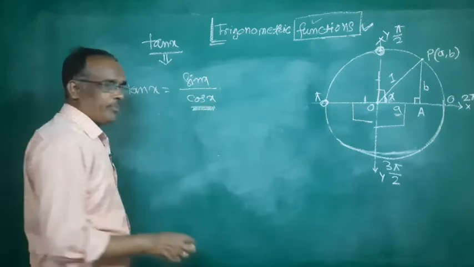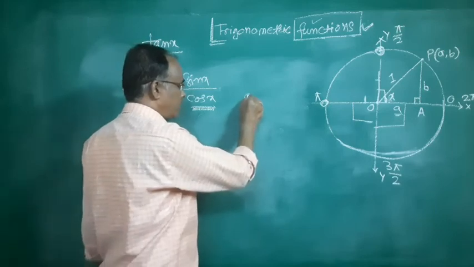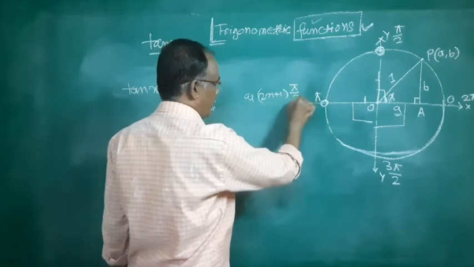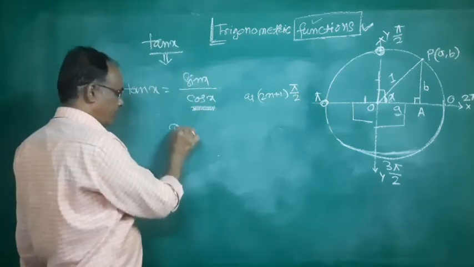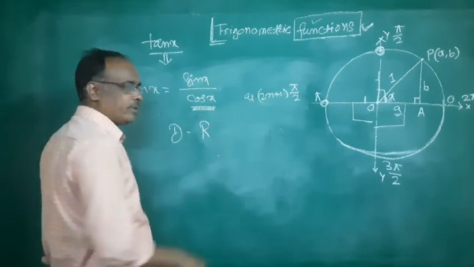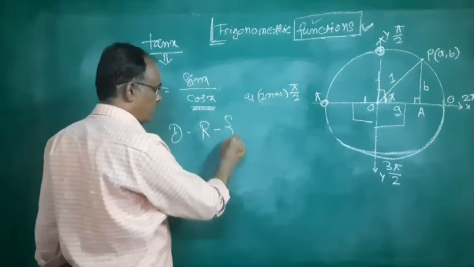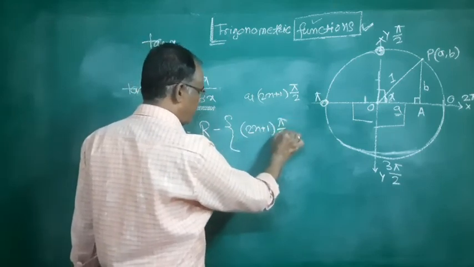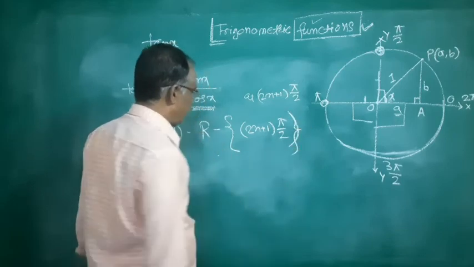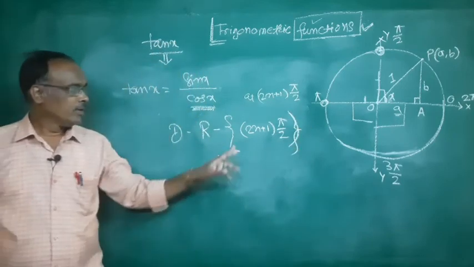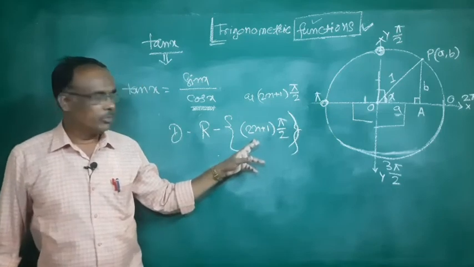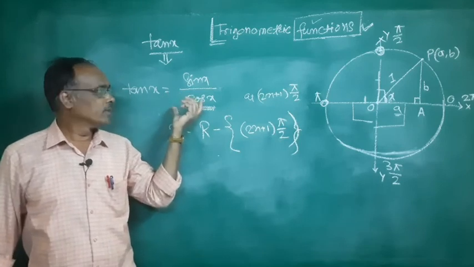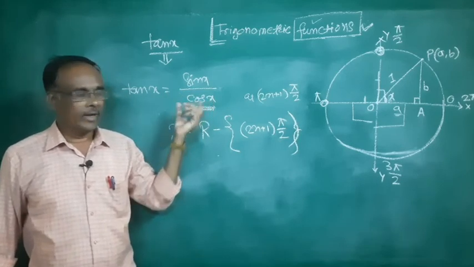Where does cos x become 0? Cos x becomes 0 at (2n plus 1) pi by 2. Domain of the function: all real except (2n plus 1) pi by 2. This value is not possible in this function because the function becomes not defined.